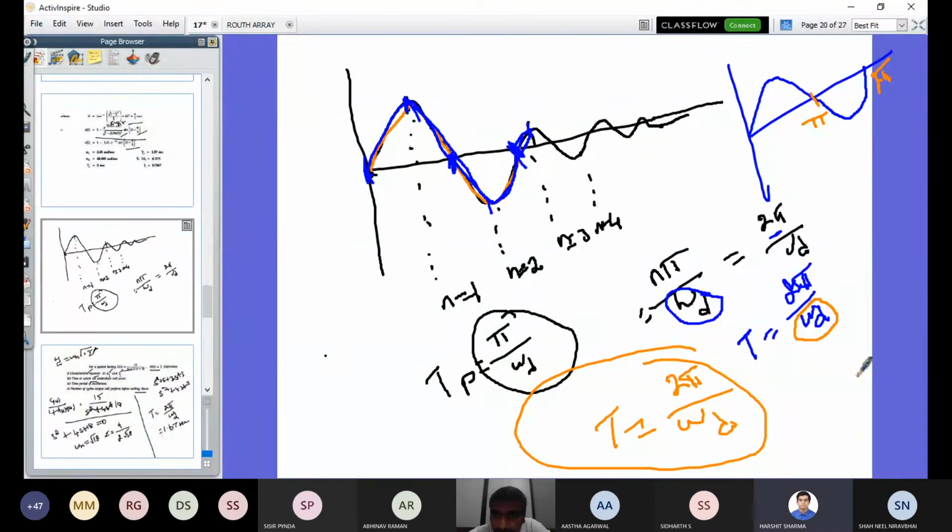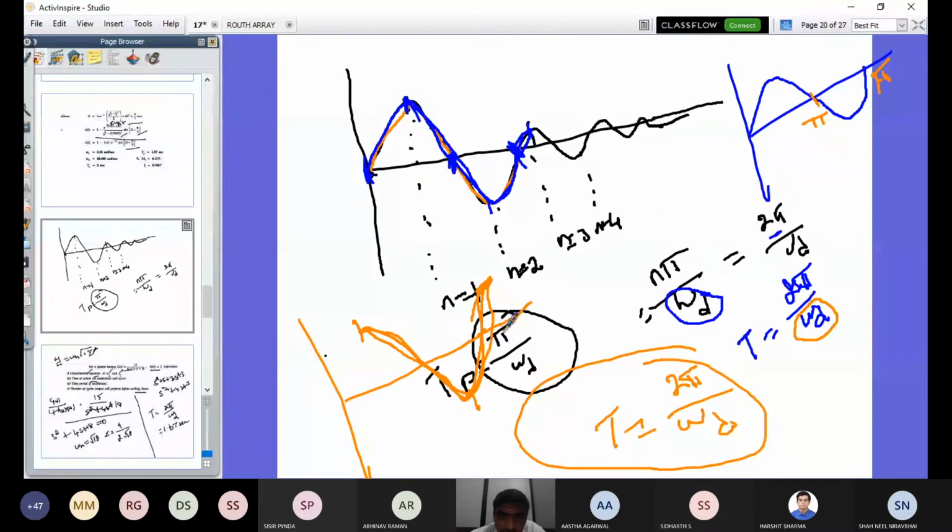Or else if you consider from this point to this point, here only it is starting. So this is one n, this is another n, it reaches another n. People normally will take this is one n and this is another n, it will reach the same point again.